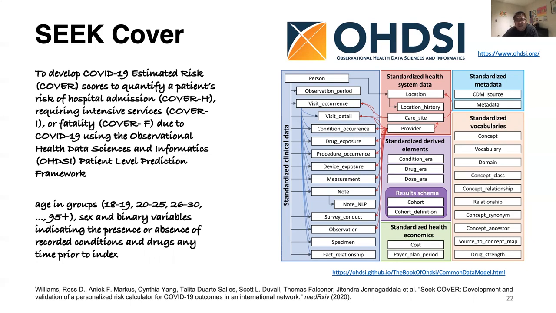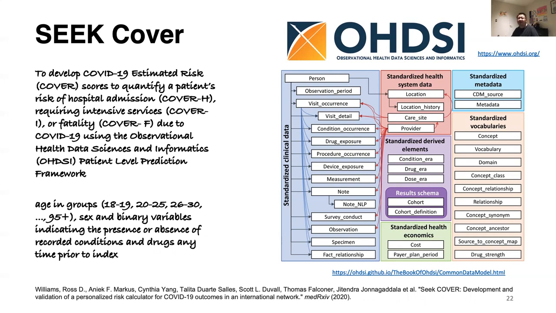So there is a research consortium called OHDSI, the Observational Health Data Science and Informatics. This is an international consortium of study groups where the participants can voluntarily map whatever EHR system they have to a standard vocabulary, shown on the right figure, which is called the OMOP Common Data Model.